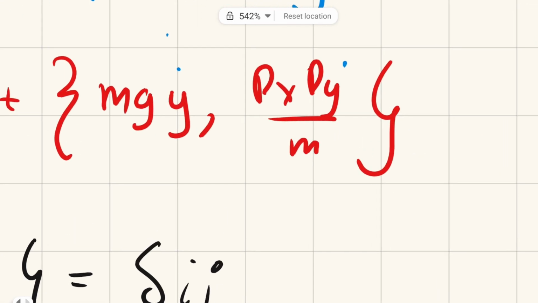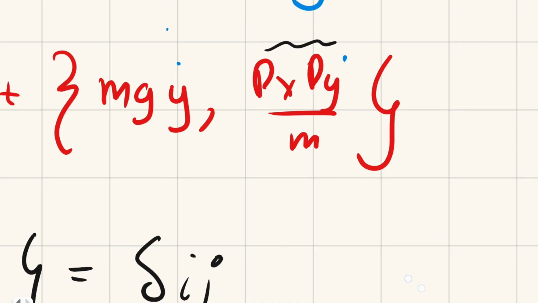Okay, and let's continue with this. What is going to happen here? Well, we have a product here. So we know that there is a property of the Poisson brackets that tells us that we can take out each element, calculate the Poisson brackets that is left, and then sum the Poisson brackets, but now taking out the other element. But remember that if we take out, for example, the py, we are going to get the Poisson brackets of y with px, but that is 0.